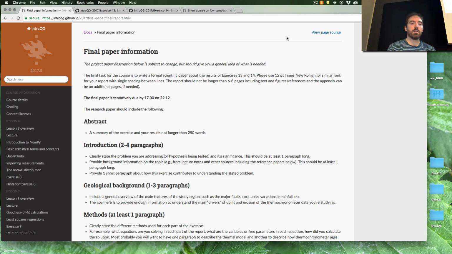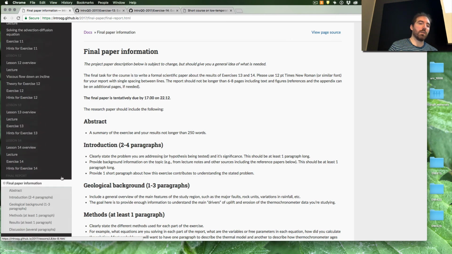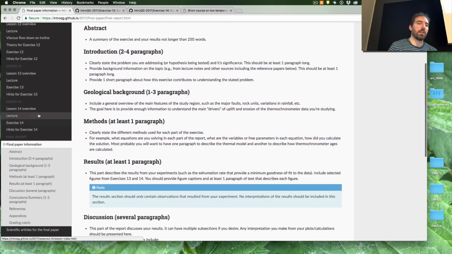Exercises 13 and 14 are already up; there really is no lesson 14, but all that material is up on the webpage already. Next week on Monday, I'll again just highlight a couple of things that are different in exercise 14 if people haven't looked at it, but otherwise you'll just come and work.